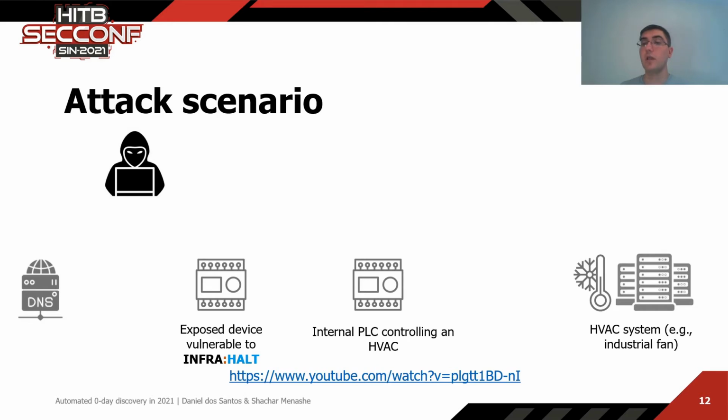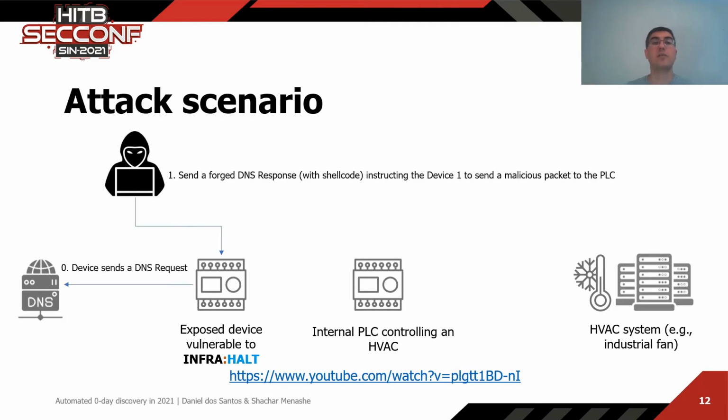When that device that is exposed issues a DNS request, an attacker can spoof a DNS response with the shellcode that instructs this device to create a connection with the internal device and send a malicious packet, and then basically either use an RCE on this one or just a DoS and then crash that so that the physical process is then disrupted, right? So this is the type of scenario that is enabled by widespread vulnerabilities in embedded systems that affect different types of devices and that are externally exposed.